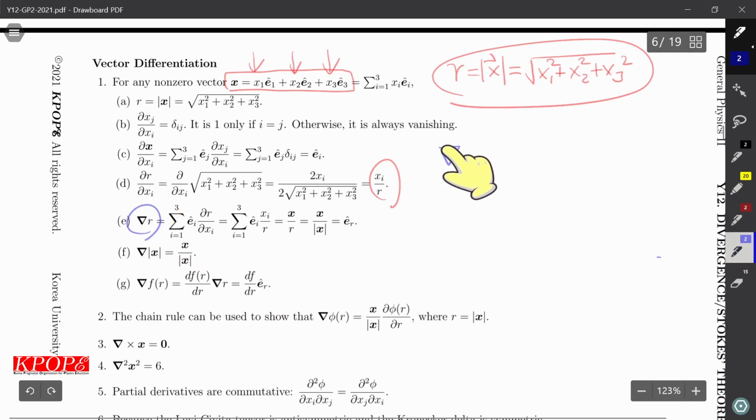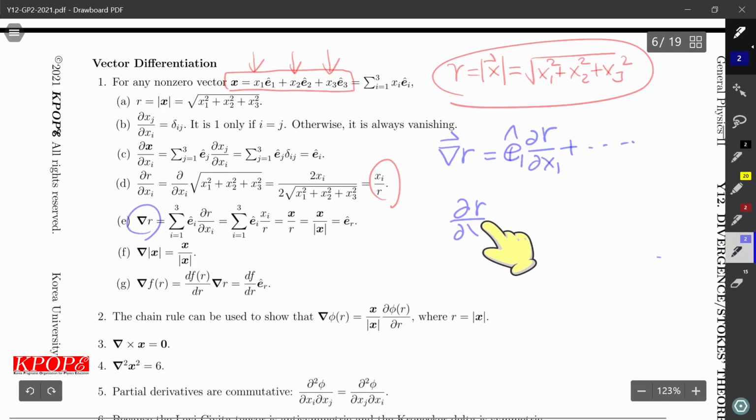Gradient of r. This is E1 times the derivative with respect to x1 of r, and so on. The partial of r with respect to x1 equals x1 over r.